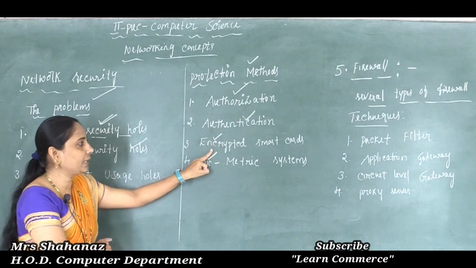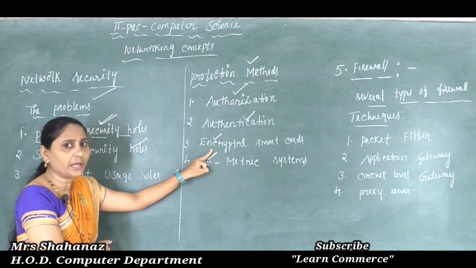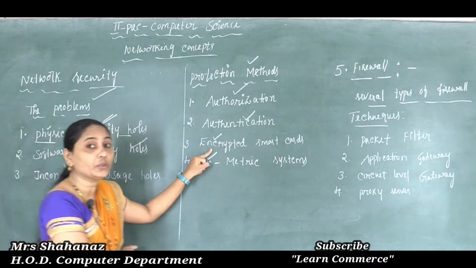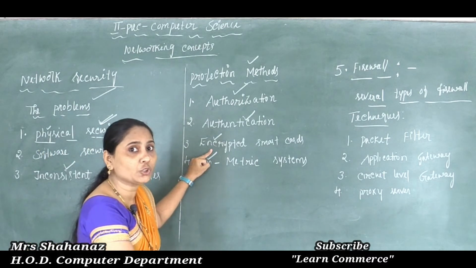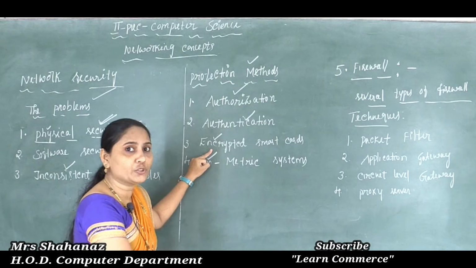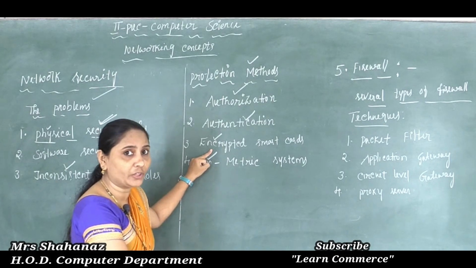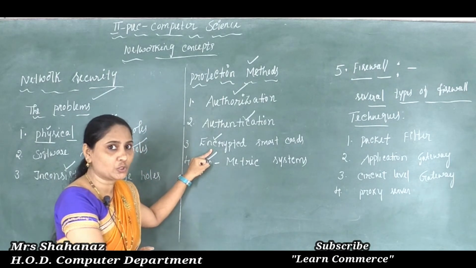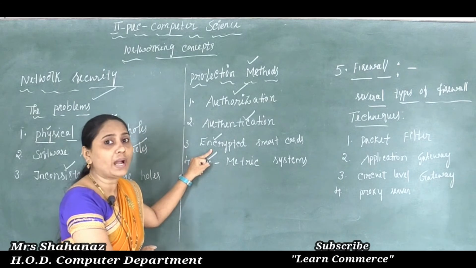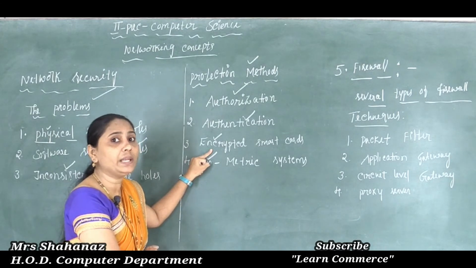Clear? And later, the encrypted smart card, as we know, is a smart card, and every time it generates a different kind of token number, and such a number should be recognized by our computer. Okay, because of the different token number, it is not possible for a hacker or cracker to access any information from the network.